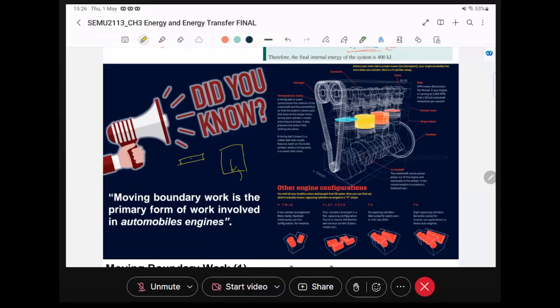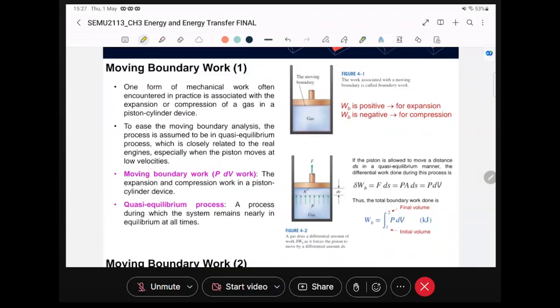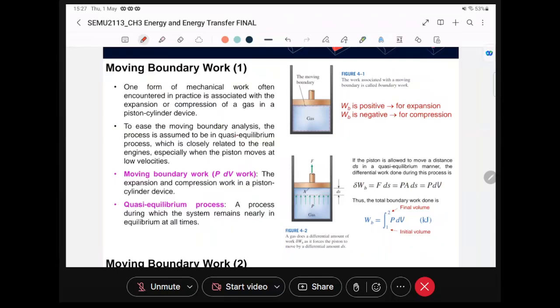So in the process, there's work done by whatever fluid is inside the cylinder. Because the boundary is noticeably changing, this is moving boundary work, basically. So in a way, it's a piston. You can understand it that way. Maybe it's easier to understand by looking at this.